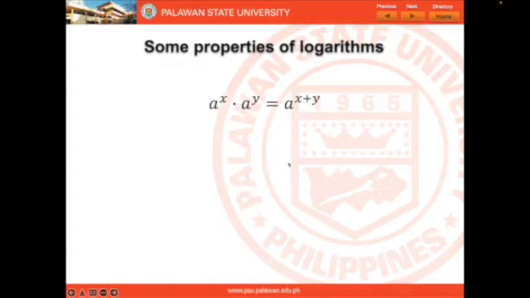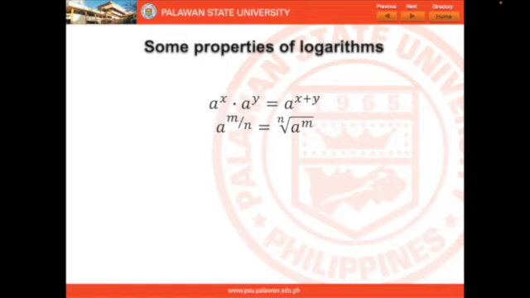So we have the following rules in operating with variables with exponents, such as if a raised to x is multiplied by a raised to y, the answer will just be a, and add the exponents.